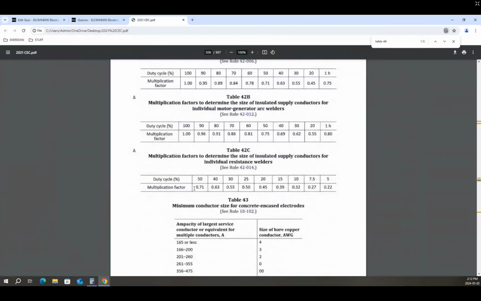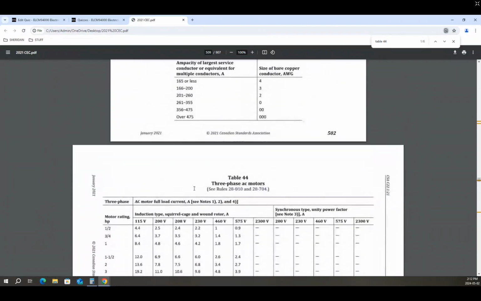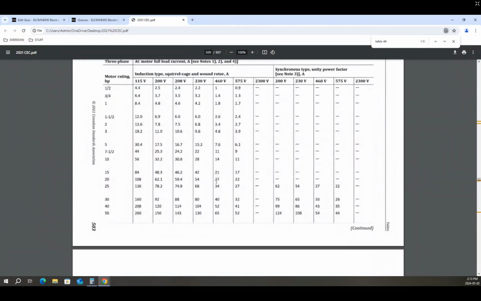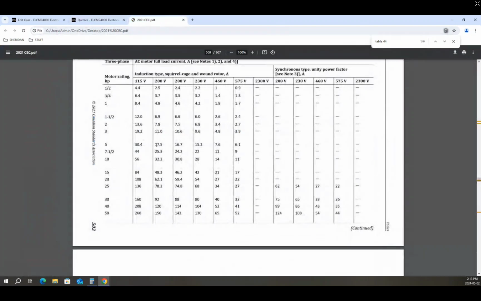Where are you getting the 35 FLA for the synchronous? Induction. Oh, for Christ's sake, I'm listening to the wrong column. There we go. Okay, so not reading the questions properly, am I? 40 horse, 600 volt, 35. There we go.